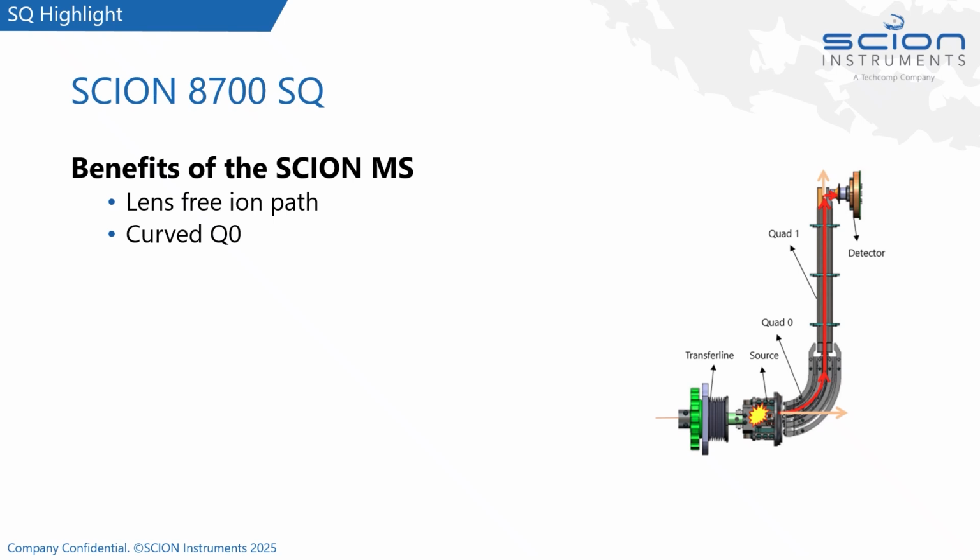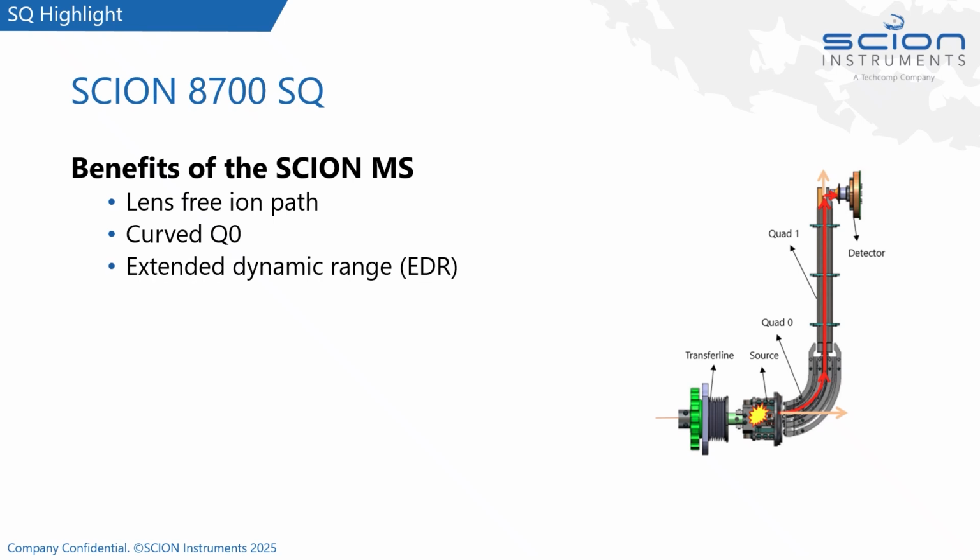This reduces the neutral noise, so anything that isn't ionized will simply pass through the source, as you can see with this yellow arrow here, and not follow the red ion path. So we will lose any of the neutral species, and only ionize the things that we're interested in. The things that are ionized will pass through the ion path. This will help improve our signal to noise and give us a higher sensitivity.